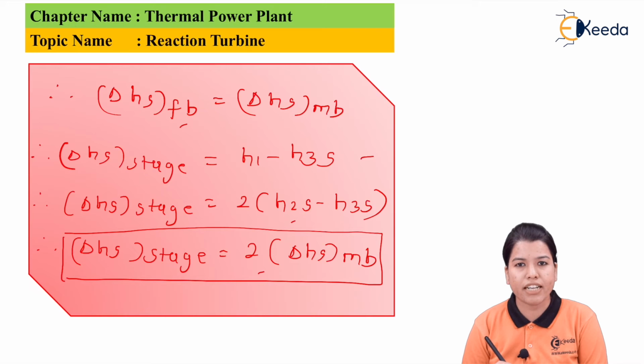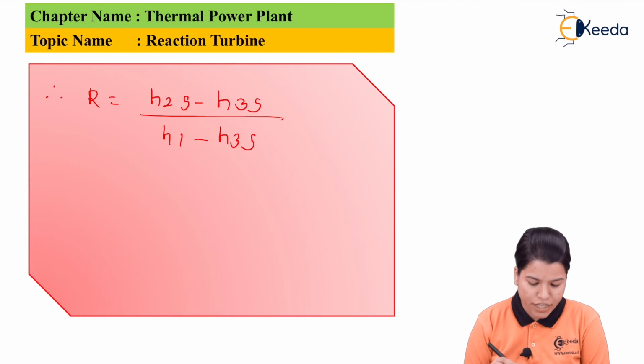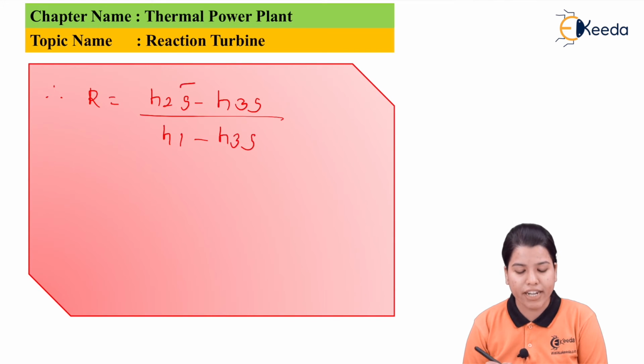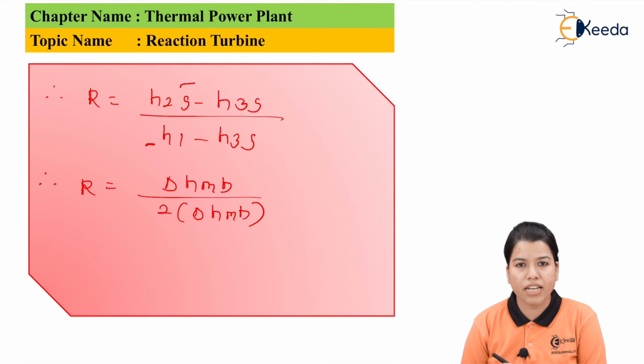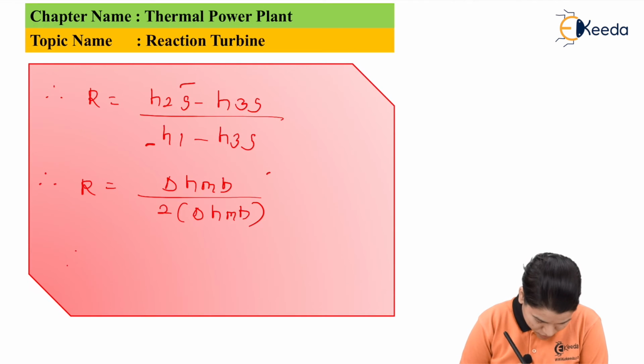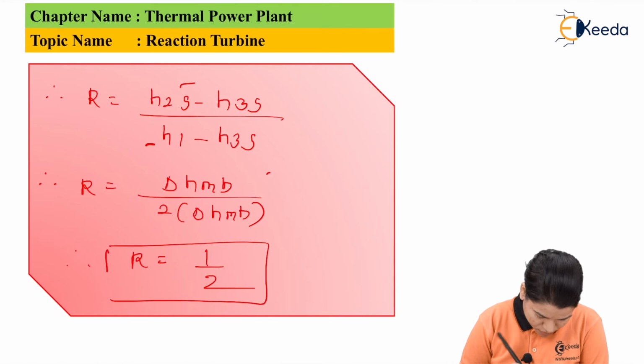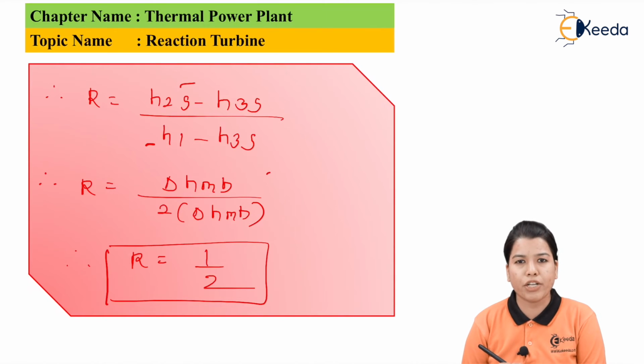Hence, the reaction R can be written as R is equal to H2S minus H3S divided by H1 minus H3S. Further, we can modify this equation as R is equal to delta HMB divided by twice delta HMB. Hence, we can write R is equal to 1 divided by 2. That is for the 50% reaction.